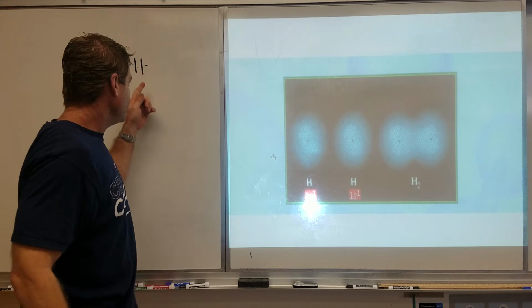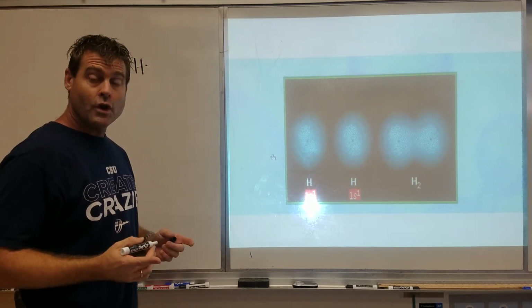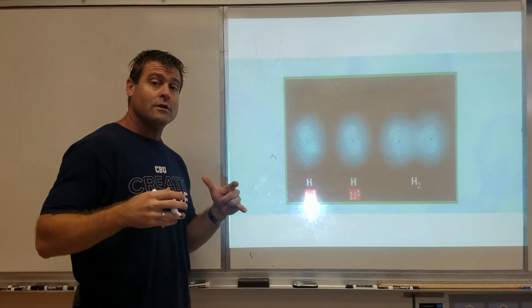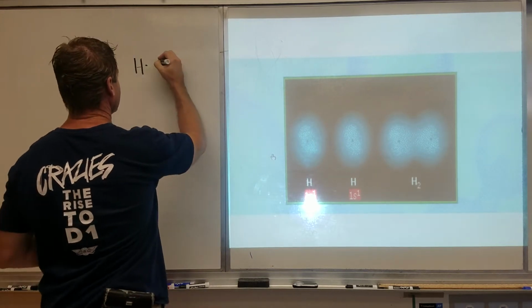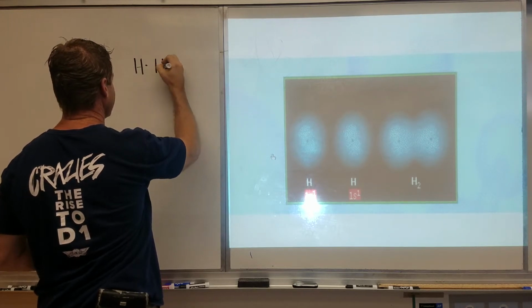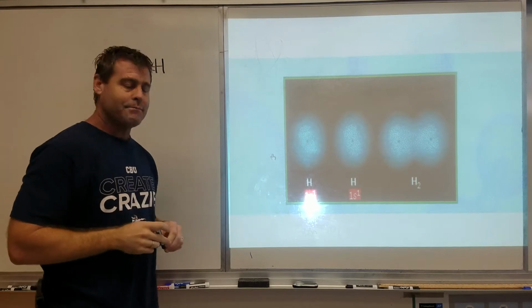It only has one electron, right? And I'd ask you, is hydrogen happy, content, stable by itself? No. When do we say atoms are happy, content, stable? When their outer shell is full. Imagine another hydrogen atom. That has one electron. Is that happy by itself?